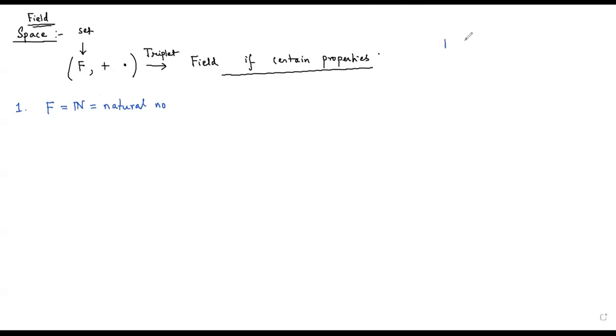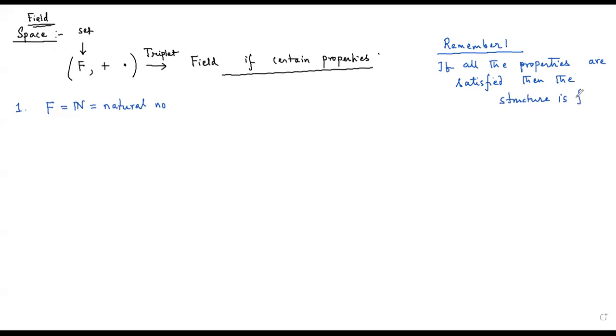Remember that if all the properties that were shown to you earlier are satisfied, then the structure is a field. You don't have to take any notes right now because I will send you the notes later on.